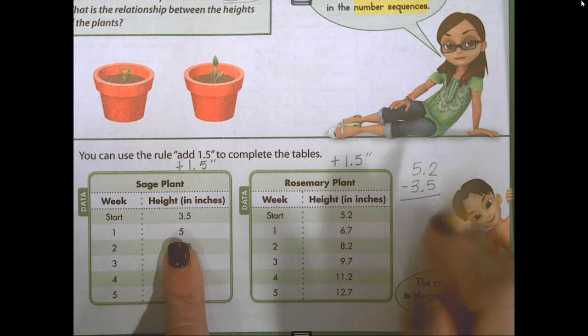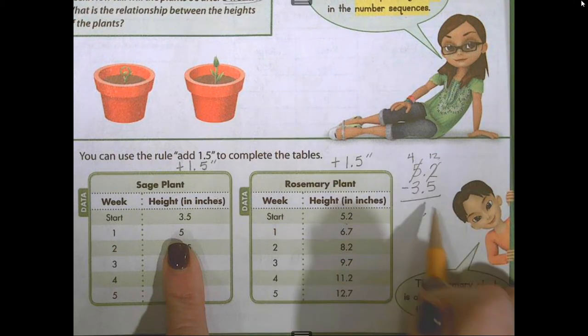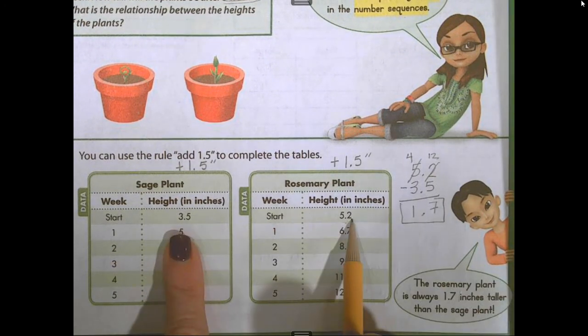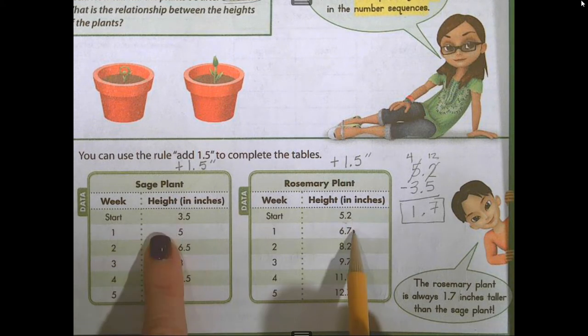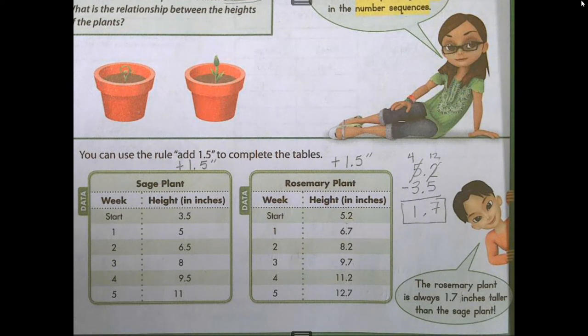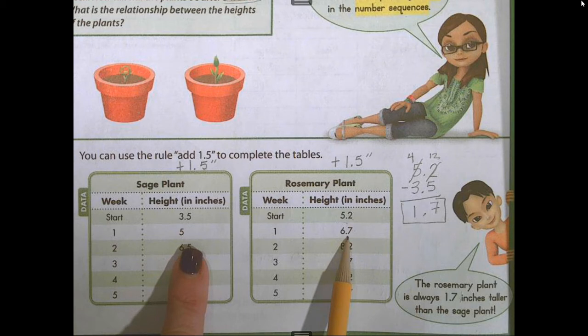If we subtract, they start with this 1 7/10 difference. So since they're both adding the same height each week, there's always going to be that 1 7/10 inch difference. And using a calculator, you could subtract each of the corresponding terms and see it. Okay.